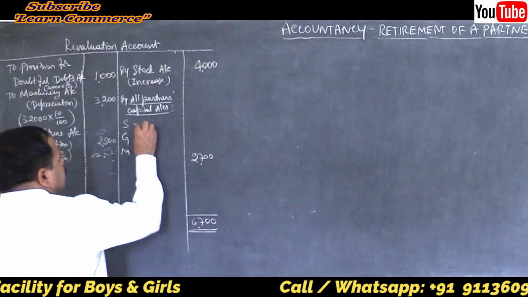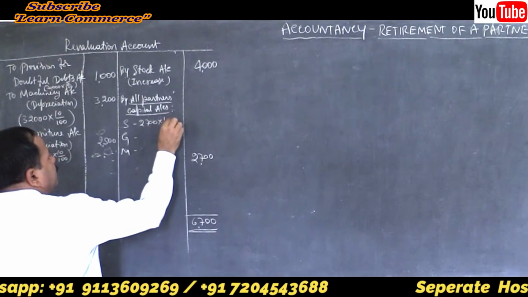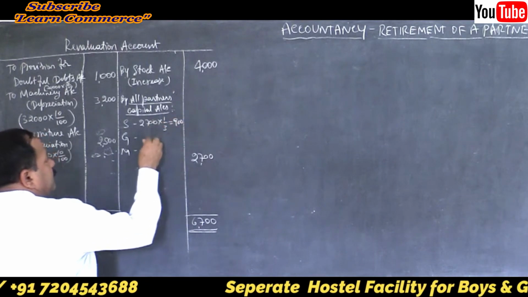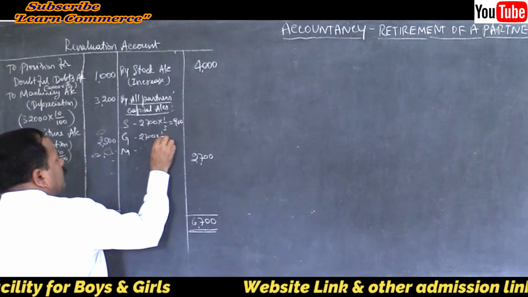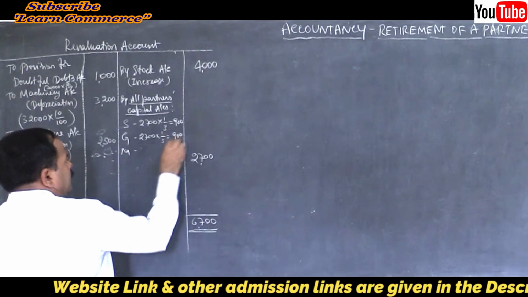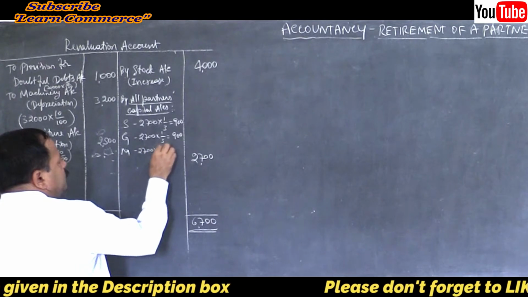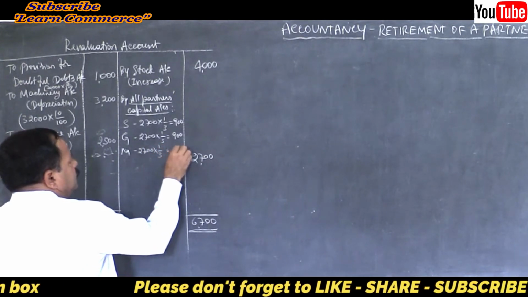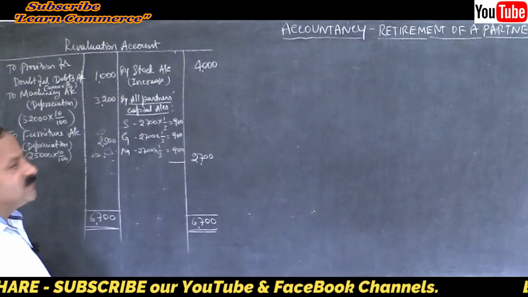Difference is 2,700. They are equal partners, 1 by 3, so 900 each. 2,700 into 1 by 3 is equal to 900, and the same again. So this is what the loss is.